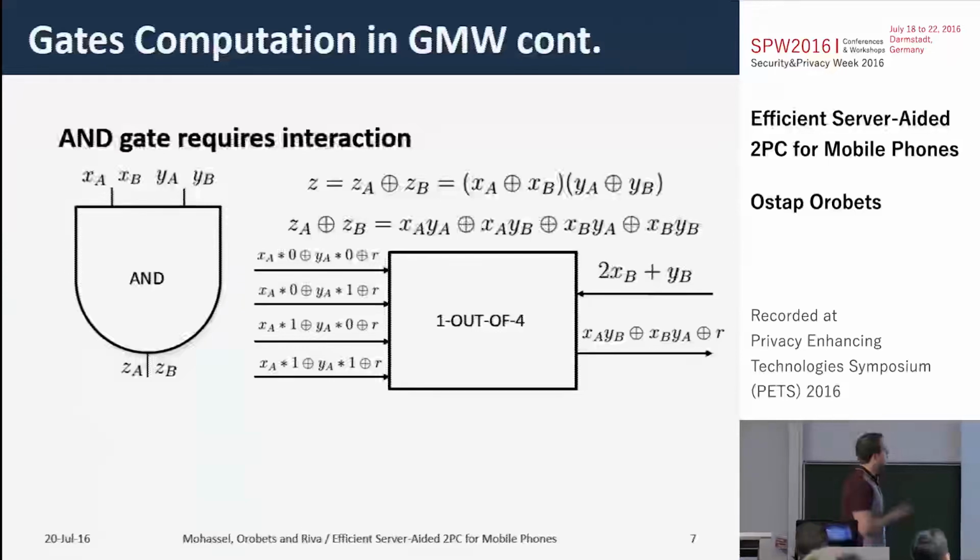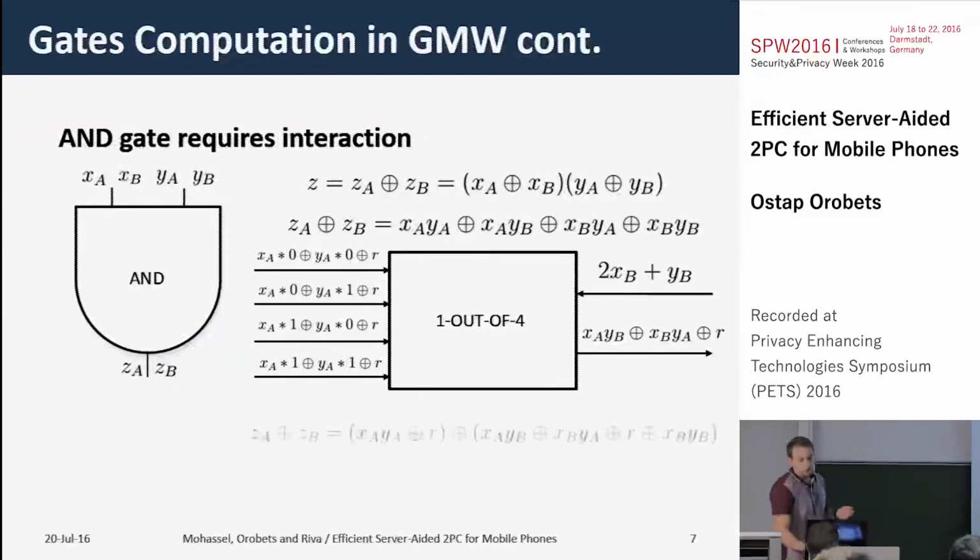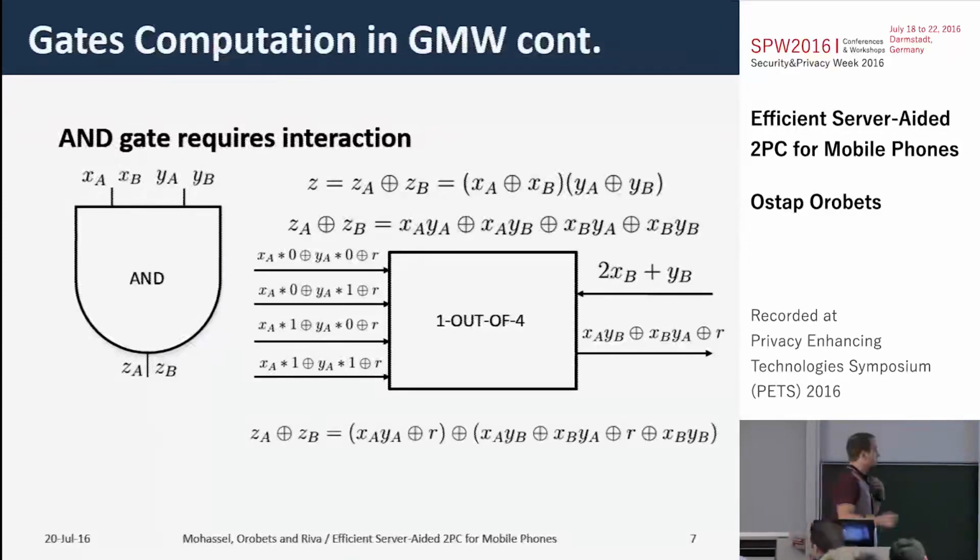By performing what's called 1 out of 4 oblivious transfer, we can compute the AND gate. The problem here is that oblivious transfer requires asymmetric key operations. So if you have large circuits with hundreds, thousands, and millions of AND gates, it's going to be super inefficient.